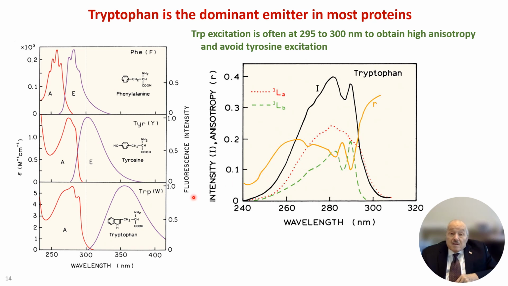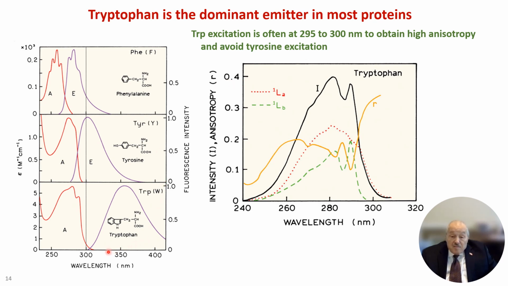Oh, this slide I put together just to emphasize where the absorption spectra are. So if you take 300 nanometer excitation, you can excite tryptophan without much difficulty. But you can see tyrosine and phenylalanine no longer have any absorption.